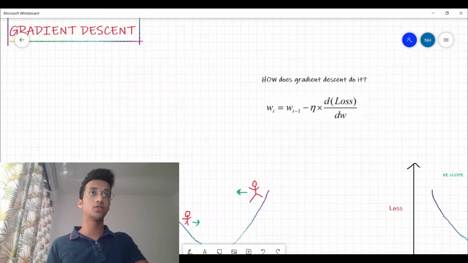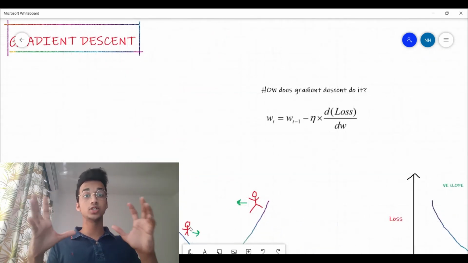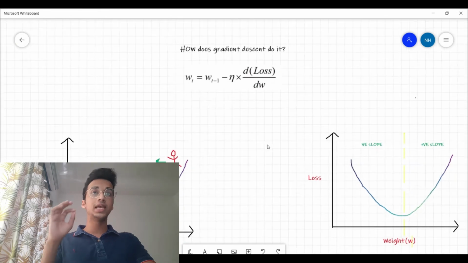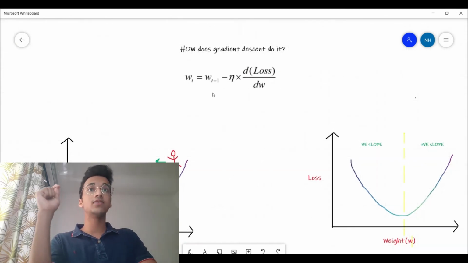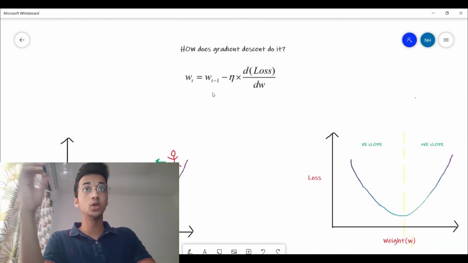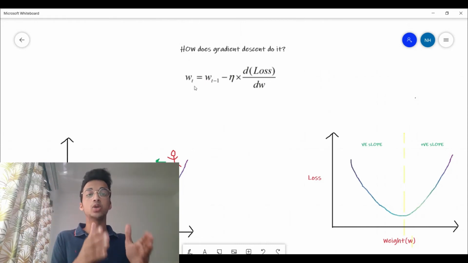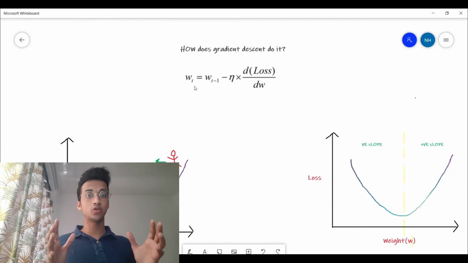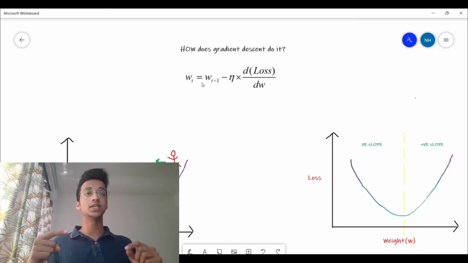Let me show you the equation for that, and then we'll get to the actual significance behind it. So the equation is pretty simple, right? You have a particular weight, let's say w of t, which is basically at a particular time step t. So you start with a random set of weights. Let's say you initialize w as 3 or 4 or 0. You basically take a random weight, and in each iteration you're going to change it.